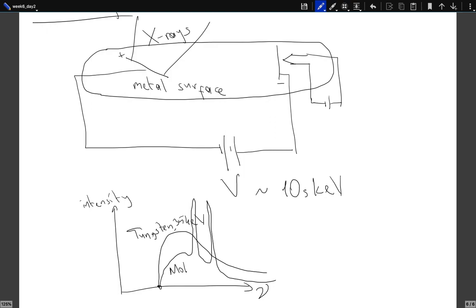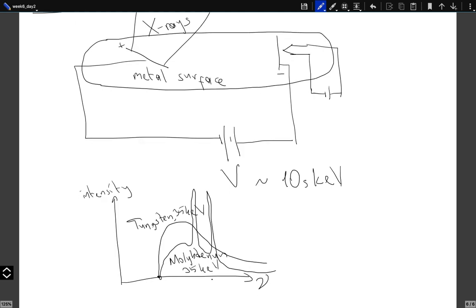And this is molybdenum, a different material, again 35 keV. Or you can have a single material and bombard it with electrons at different energies, and you get these graphs. Let's say for 20 keV, 20 kilovolts. Sorry, these are kilovolts.